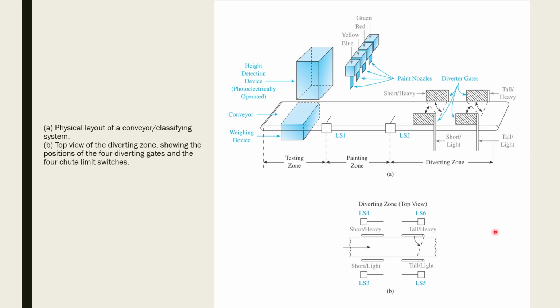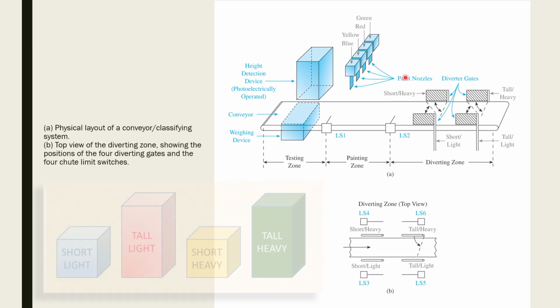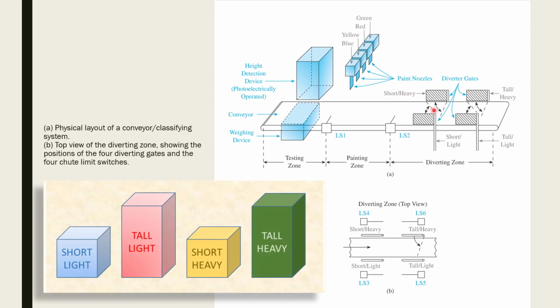It has to be painted. Now, the 4 combinations is that it can be short and heavy, or it can be tall and heavy, or it can be short and light, or it can be tall and light. Each one of these combinations get painted a different color, and they get diverted into different bins.